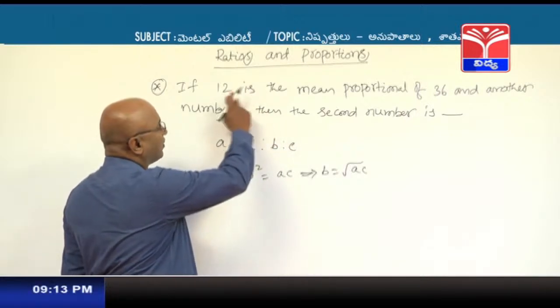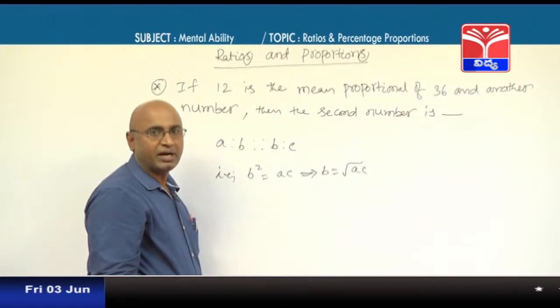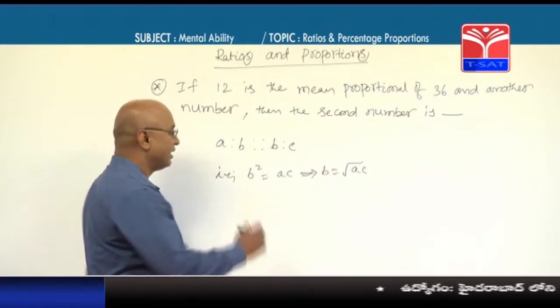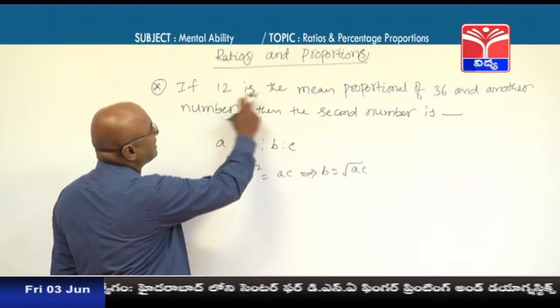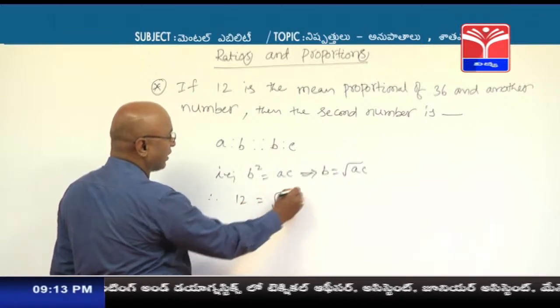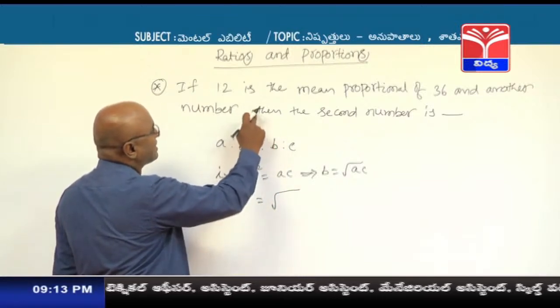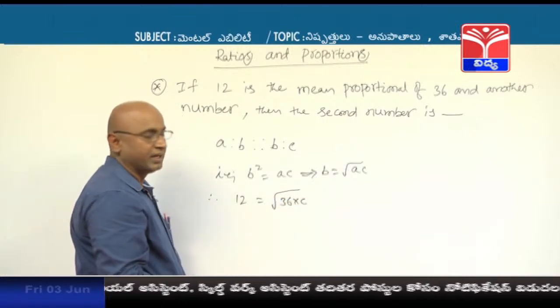Here in the problem, only A is given and C is not given. Then we have to find out the second number. Therefore, if 12 is the mean proportional, that is equal to square root of A, where one number is given as 36 and the other number C is not given.